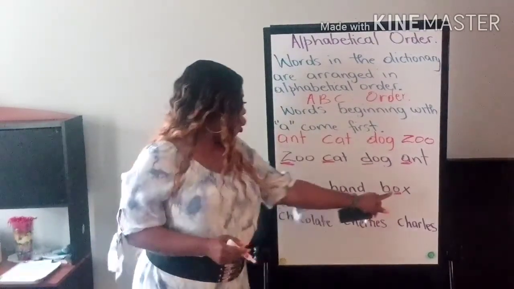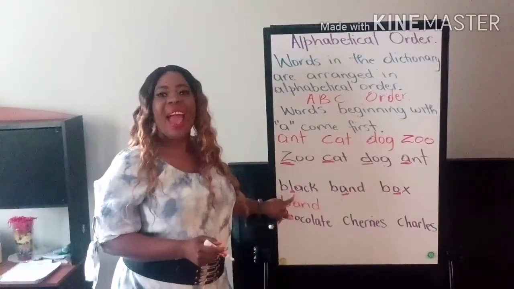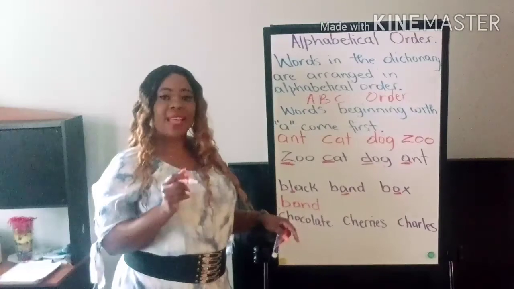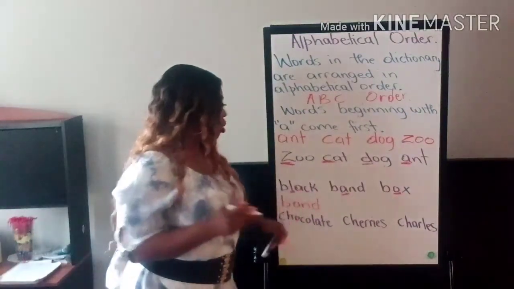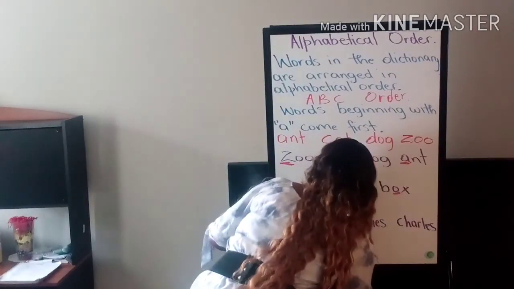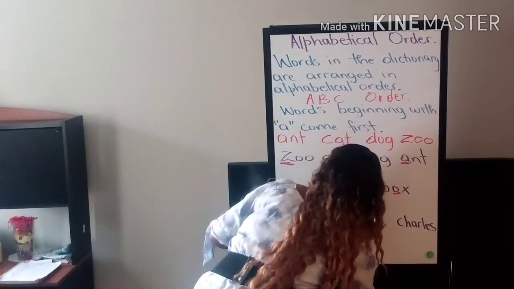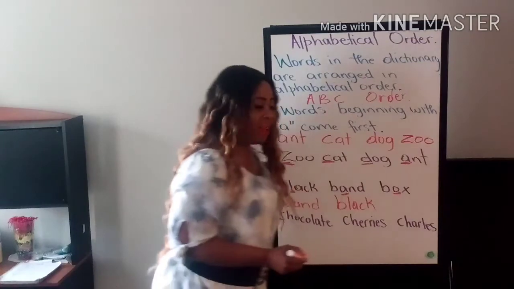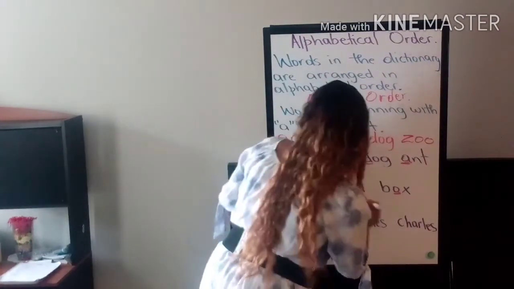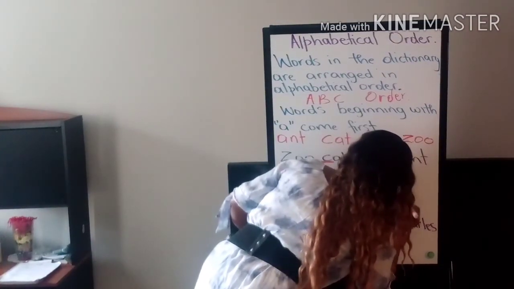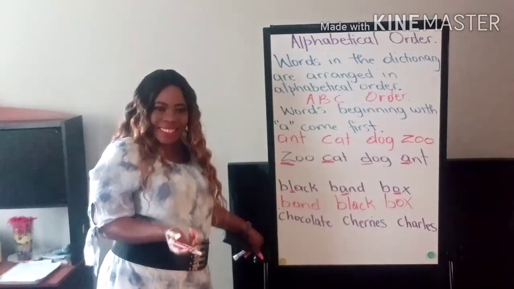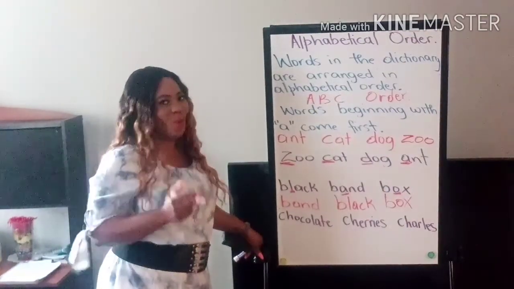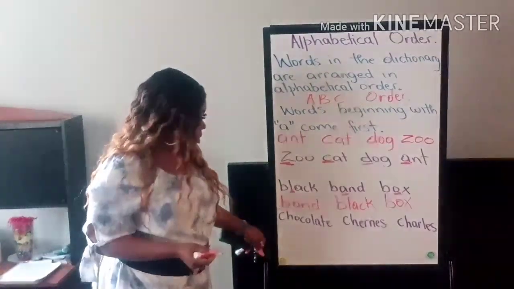Is it O or is it L? And if you said L, you are correct. So black here would naturally be next. Good. And box would hold its same position at the end there. You got that? You love it, don't you? I know you would. All right.